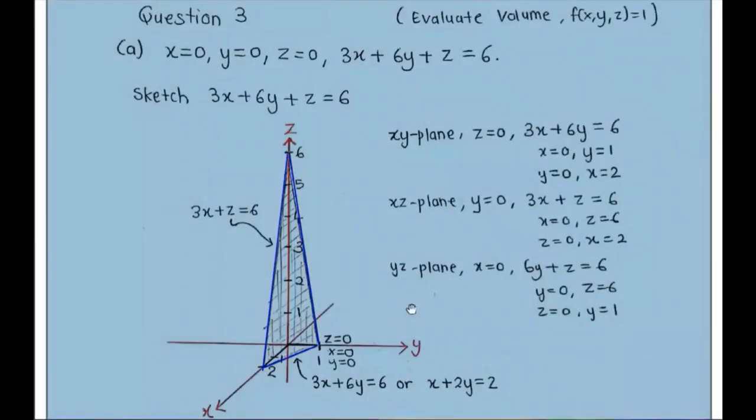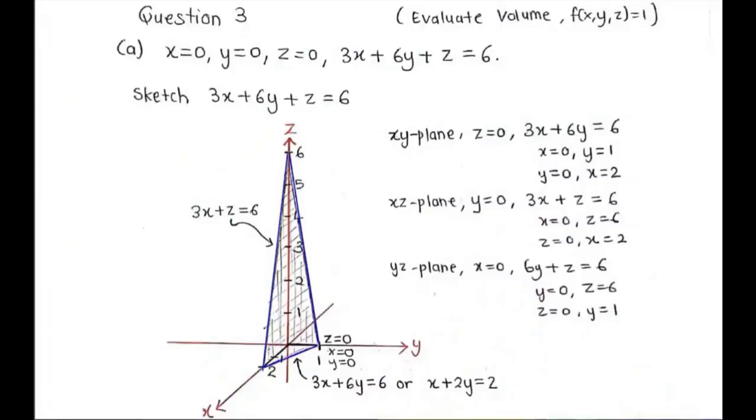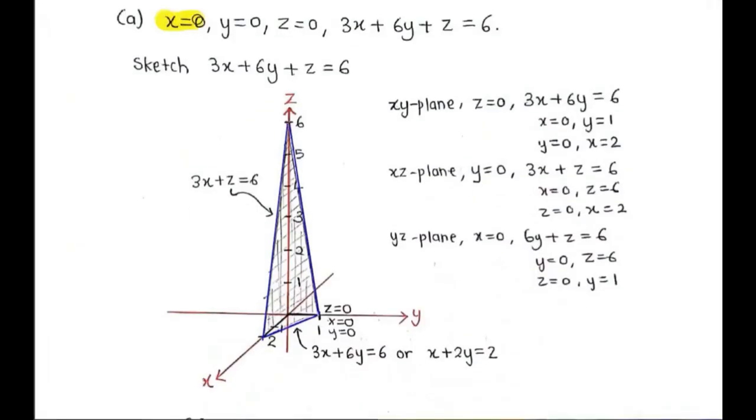Now the question also said that x equal to 0. So where is x equal to 0? x equal to 0 is here. And then y equal to 0 is here.